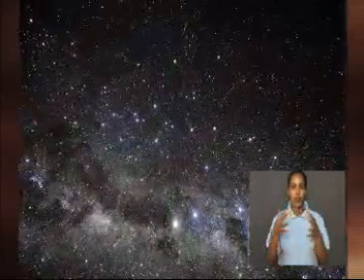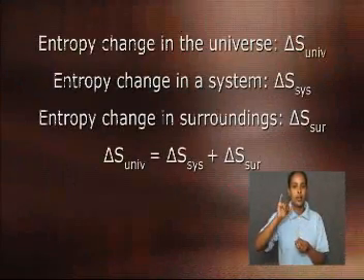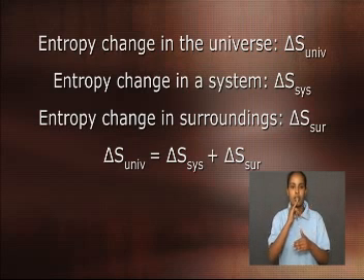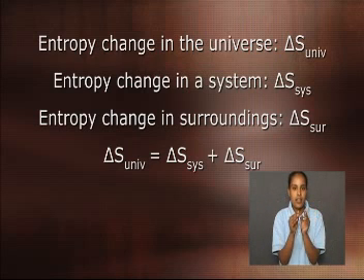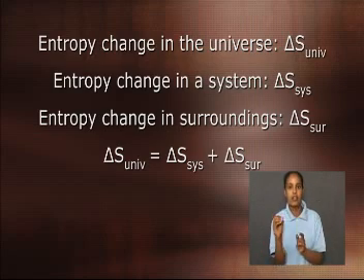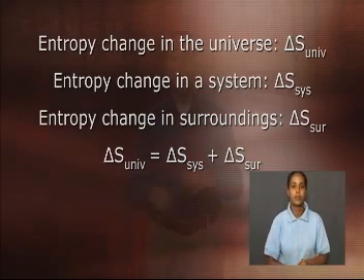Since the universe is composed of systems and their surroundings, the entropy change in the universe for any process is equal to the sum of the entropy changes in a system and its surroundings. Mathematically, the second law of thermodynamics can be expressed like this.